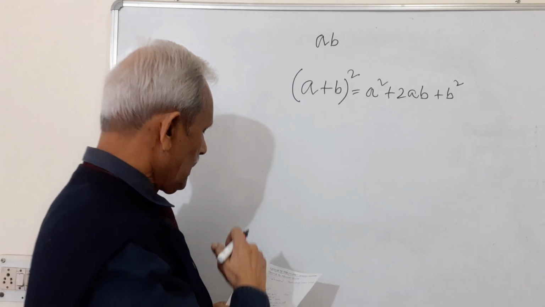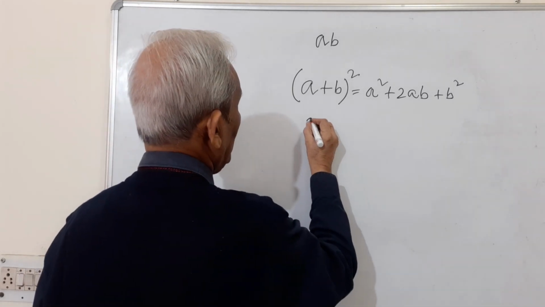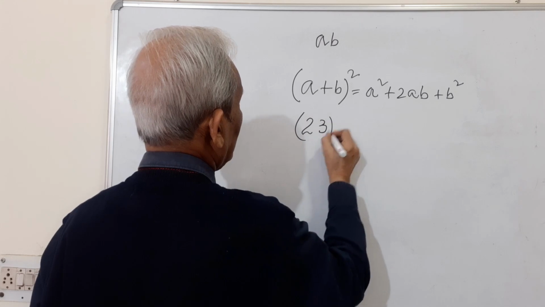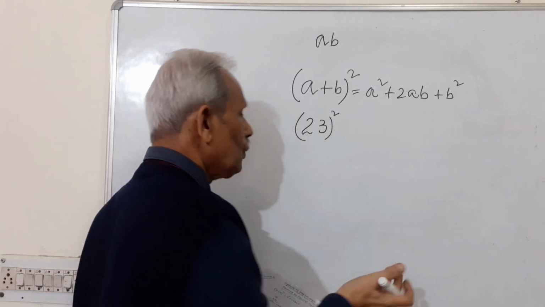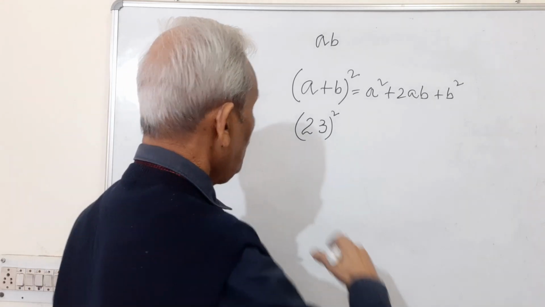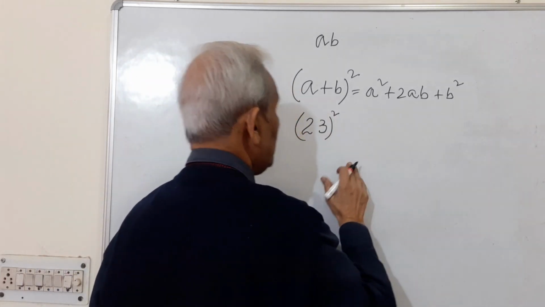So if I take any example, say I write 23 square, we can do the square of 23 by different methods, right? But let us try to do this by this method here.